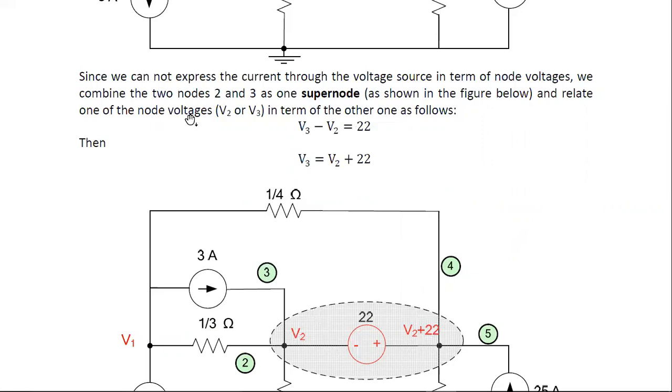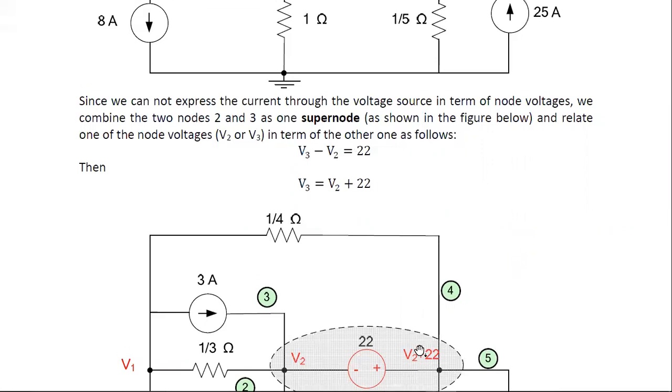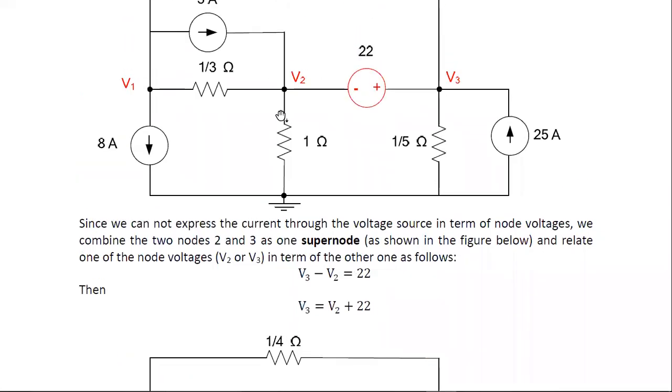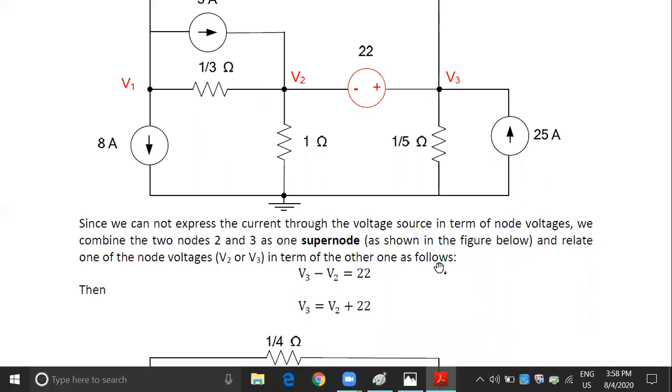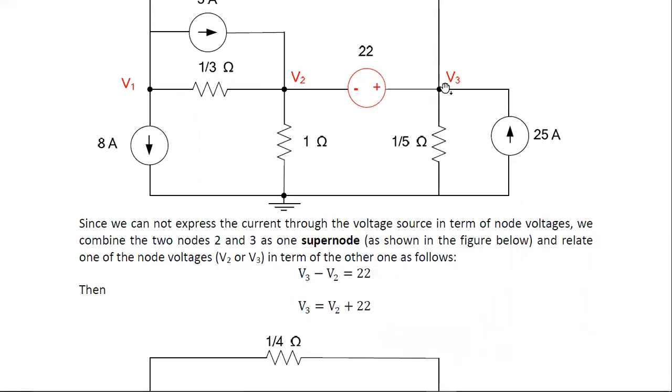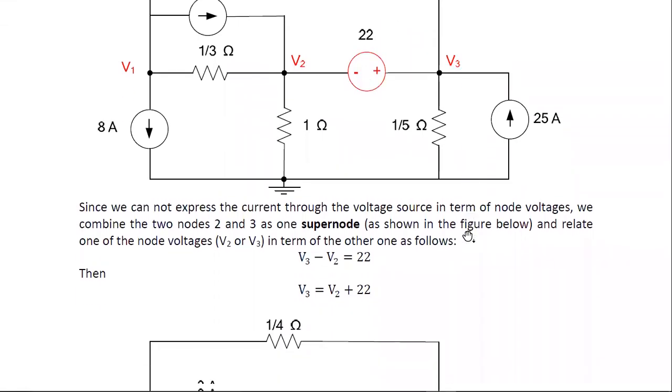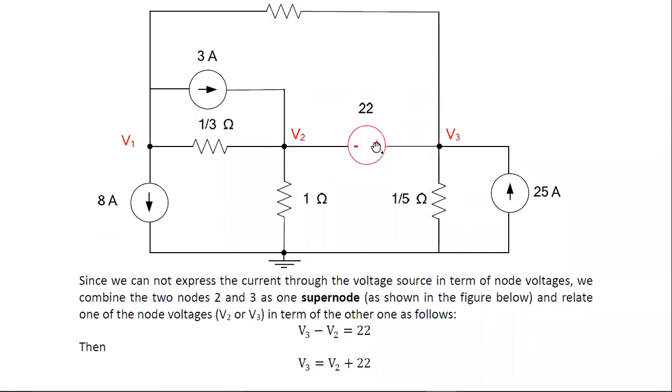So I relate one of the node voltages, V2 or V3, to the other as follows. For the voltage between V2 and V3, V3 minus V2 is equal to 22 volts, because V3 is connected to the positive terminal and V2 to the negative terminal.